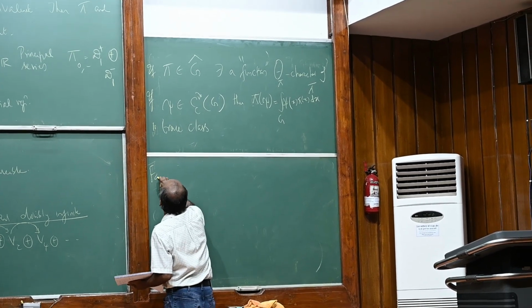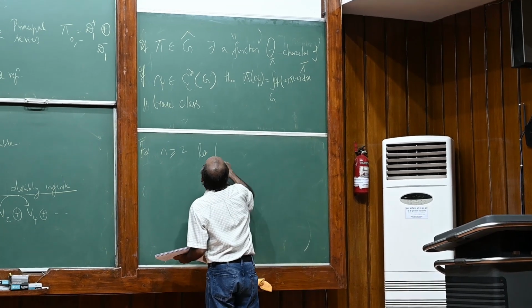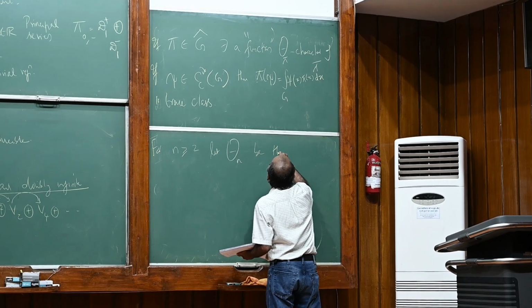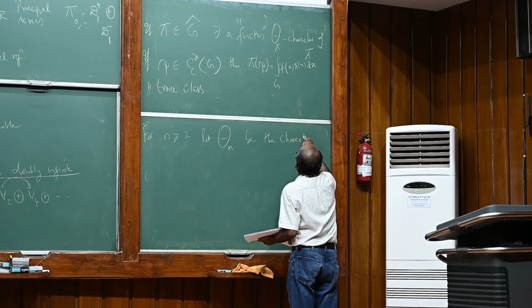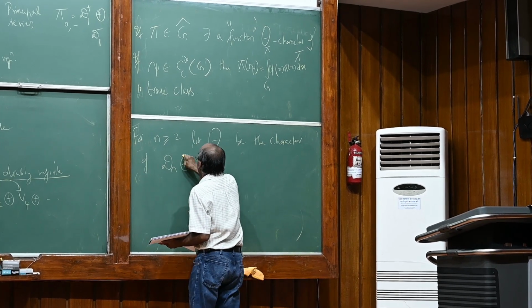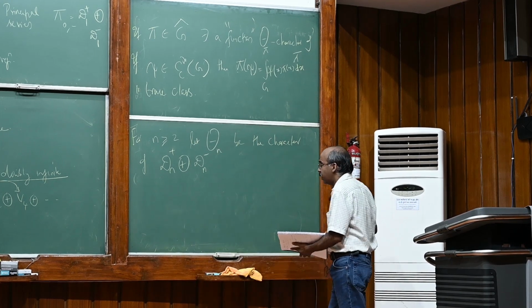For n greater than or equal to 2, let theta n be the character of D n plus direct sum D n minus. So you put it together so that you have a nice expression.